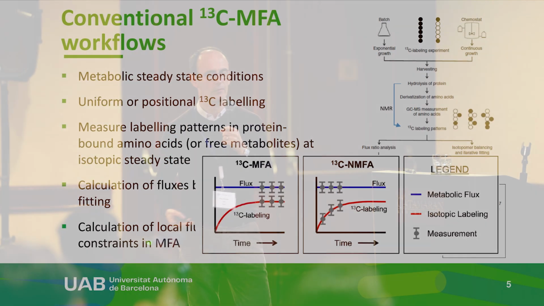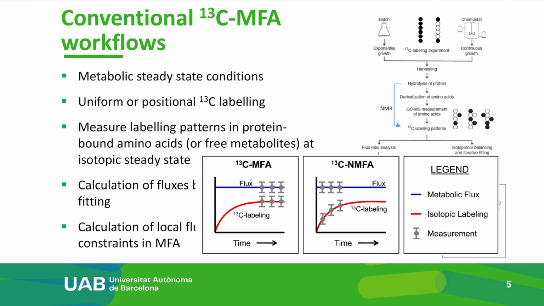The classical workflow for conventional carbon-13 based metabolic flux analysis is very well established. You need to start by working under metabolic steady state conditions, meaning exponential growth phase or chemostat cultures. That's one of the starting points you need there. Then you can perform experiments essentially.